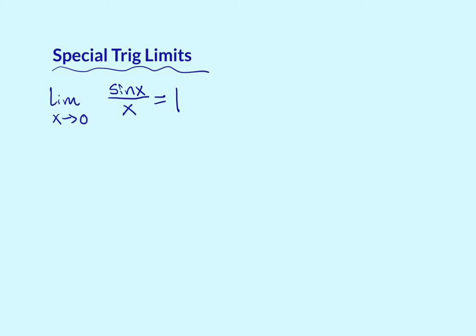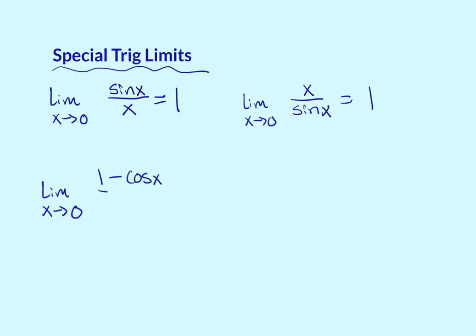And then very similar to that, the limit as x approaches 0, if you just flip it, of x over sine x also equals 1. And then the other two, limit as x approaches 0, if you have 1 minus cosine x over x, this equals 0.